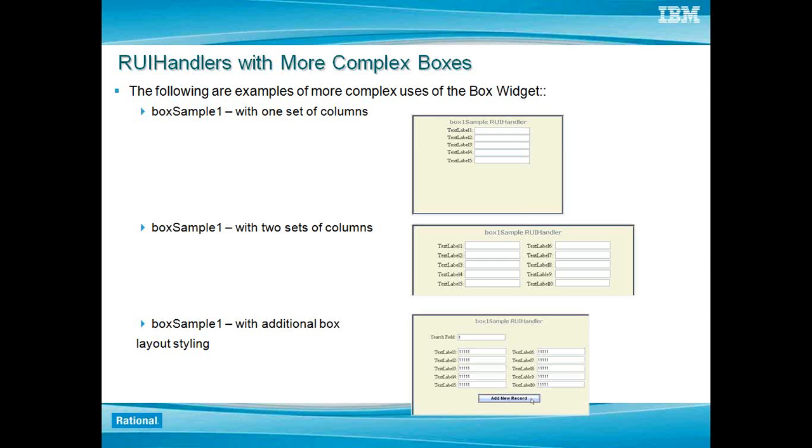In the first example, box 1 sample, we have a single column and 5 rows. So in this box, we have placed all components in a single column. And in the second example, we have 2 columns and the same 5 lines. So we have 10 components that appear equally in both columns, 5 in one column and 5 in another column.